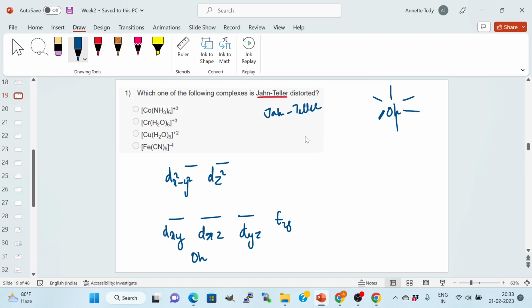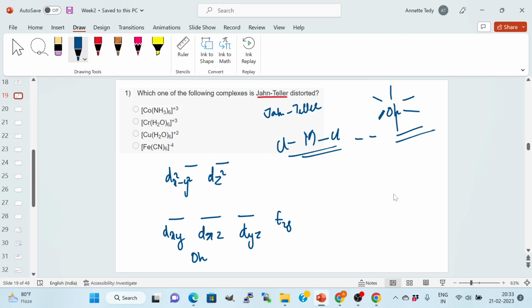For example, this is a linear molecule. In this case also it is highly symmetrical because on both sides we have Cl. In this case we can have degenerate orbitals and symmetry together, but in cases like octahedral complexes, this is definitely not linear. Linear means just straight.